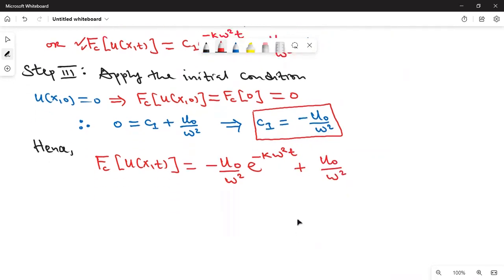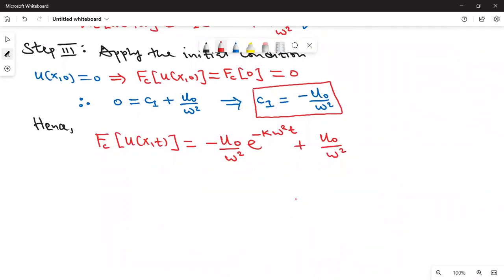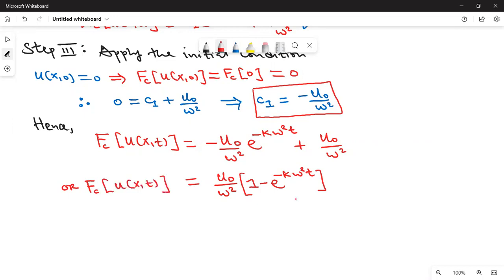And this you can as well write as, if you see u naught over omega squared is common, u naught over omega squared times 1 minus exponential negative k omega squared t. You can just say, or Fourier cosine transform of u of x,t. So that's what we have.